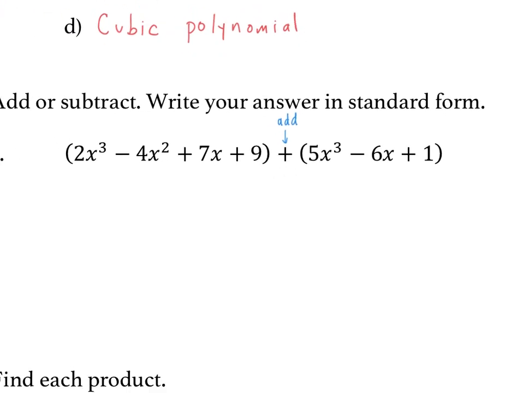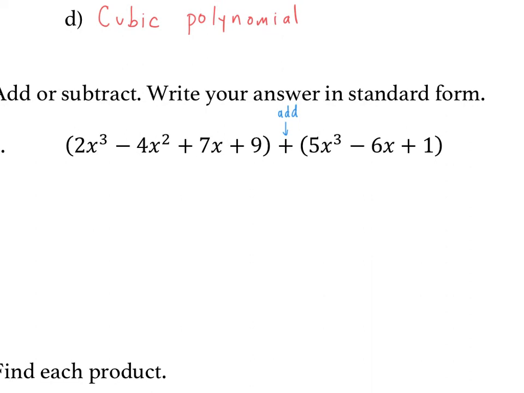Okay, and adding is easy. Really, this is one step, and all adding is just combining like terms. So just go one at a time. You don't even need to get rid of parentheses. Just start combining like terms. You have 2x cubed and 5x cubed, 7x cubed.